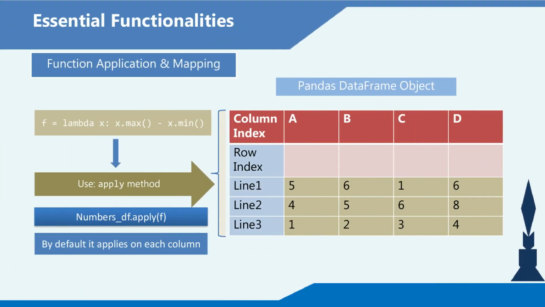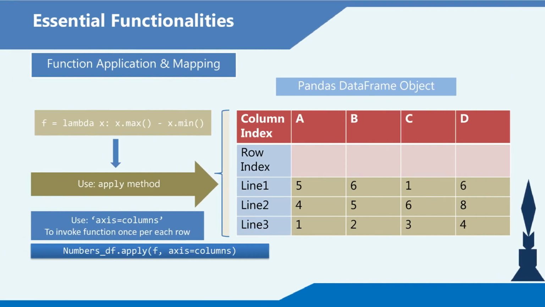Another frequent operation is applying a function on one-dimensional arrays to each column or row. Data frame's apply method will do this job exactly. By default, the apply method will invoke the function once per each column in the frame. The result is a series having the columns of the frame as its index.